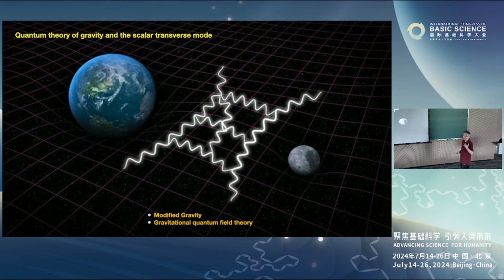But anyway, we know that in almost all modified gravity theories, for example f(R) theory and others, we have scalar modes. But we still cannot connect this kind of scalar transverse mode to a really consistent quantum theory of gravity. We hope we can find some connection between these two things in the future.